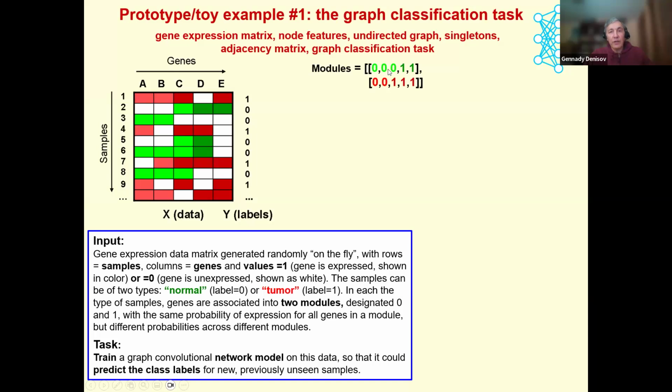So you see light green, for example, it's module 0, dark green, module 1, and similarly for red samples. And the purpose of this example is to train the graph convolutional network model on this data so that it could predict the class labels for new, previously unseen samples.